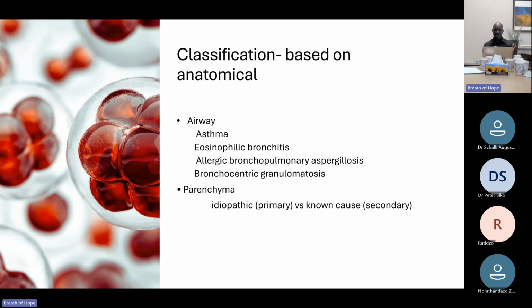You classify as airway, meaning your bronchi up to the terminal bronchi, and then you look at the parenchyma, which is mostly the consolidations and others. Asthma is probably one of them, and then you also have eosinophilic bronchitis, but we'll elaborate in more detail.